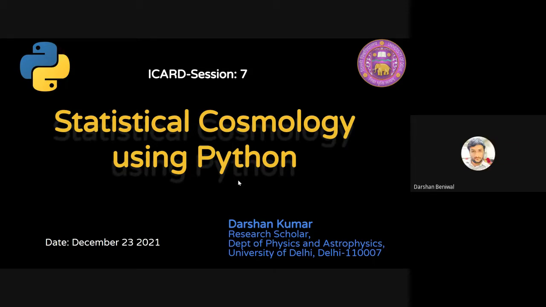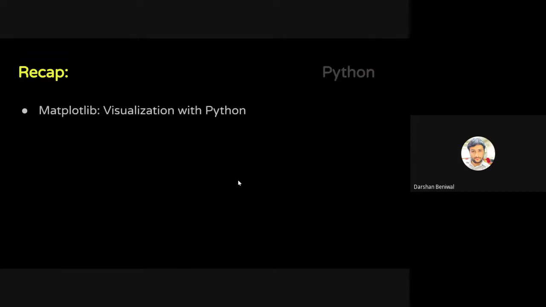Today is the seventh session of this lecture series. In the last session we discussed the matplotlib library, that means how we can plot the data points and visualize them.